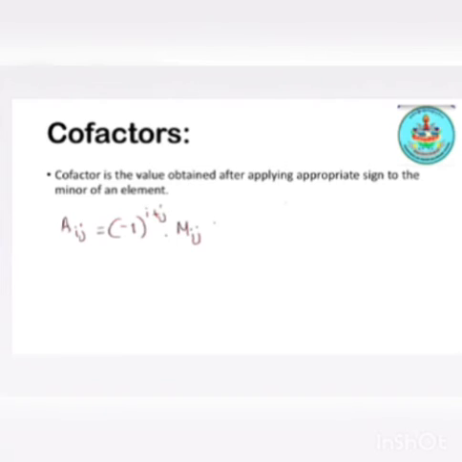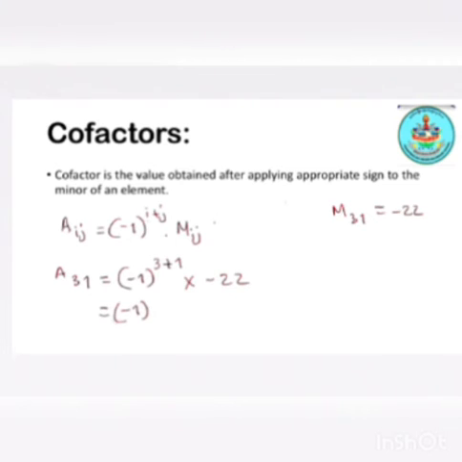Let's say our minor for M31 is negative 22, so what is the cofactor? A31 is equal to negative 1 to the power, so i is the row, isn't it? Third row, first column, times negative 22.